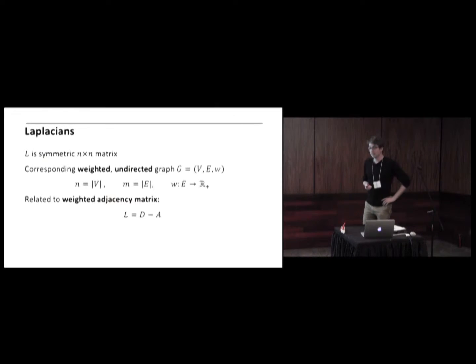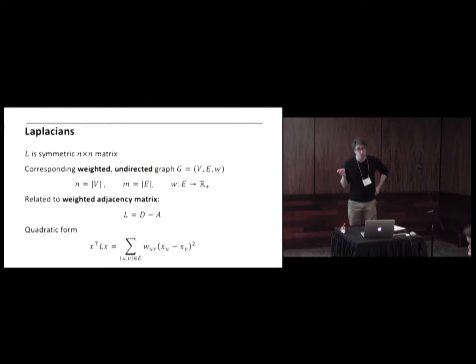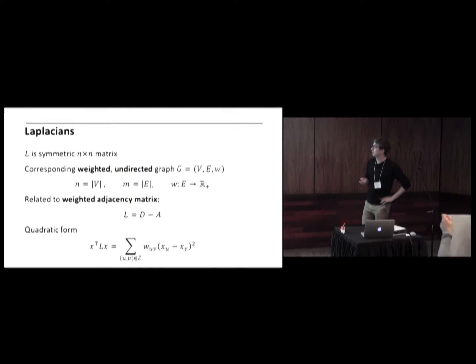So L is equal to D minus A, where D is the diagonal matrix of weighted degrees in the graph, and A is the weighted adjacency matrix of the graph. The Laplacian also has a very nice quadratic form. x transpose Lx is equal to the weighted sum over edges of the square of the difference in x across that edge. Notice that that's never negative. So this is a non-negative quadratic form.